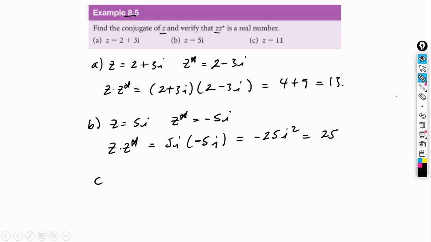And then for c, we have that z is equal to 11. Now notice that this has no imaginary part, so its conjugate is going to be 11. Therefore, z times its conjugate is simply 11 times 11, which is 121.